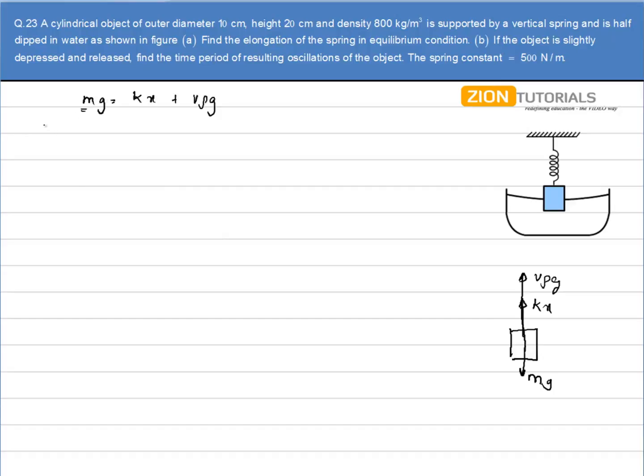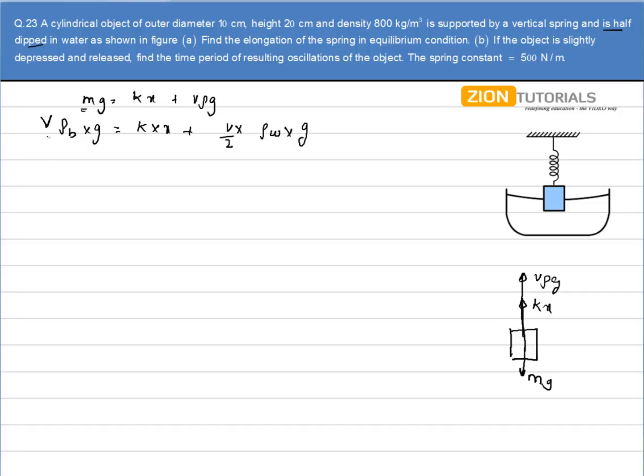Mass can be written as V of the block, complete block, into rho of block into g, equals Kx plus V rho g, where this V is the volume that is dipped inside the water. So it is V by 2 because it is given half is dipped in water. It is given over here, right? So into rho of water into g.